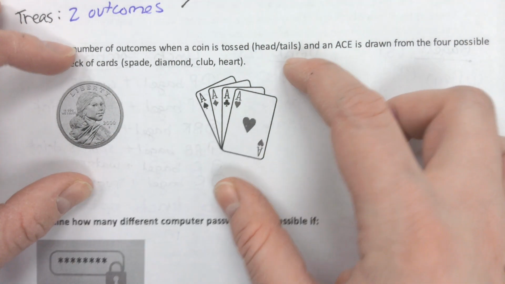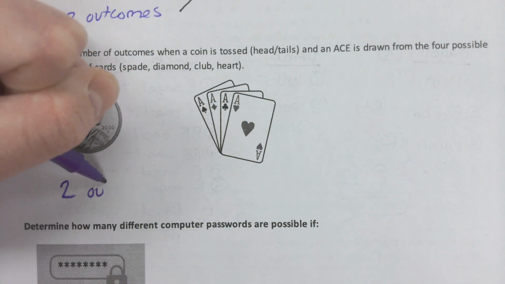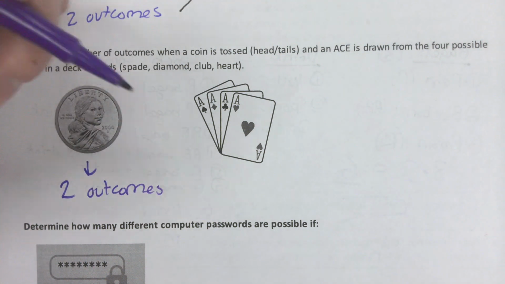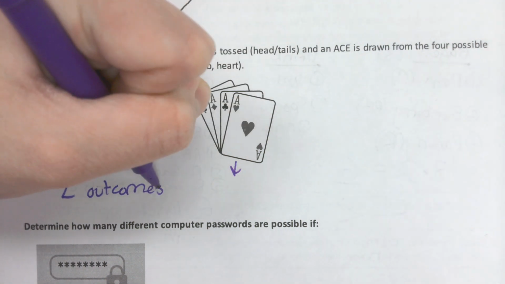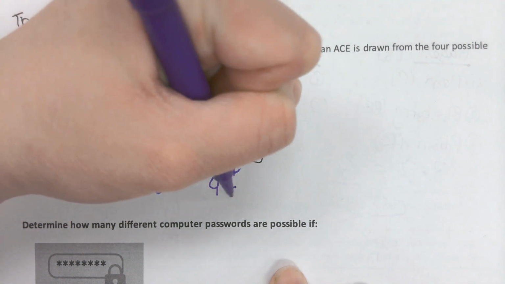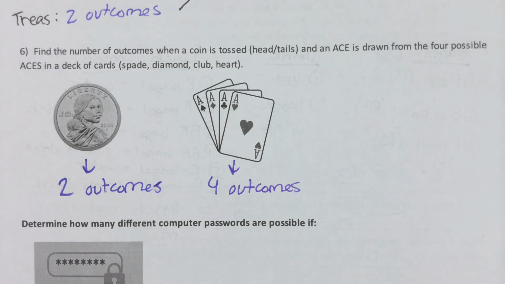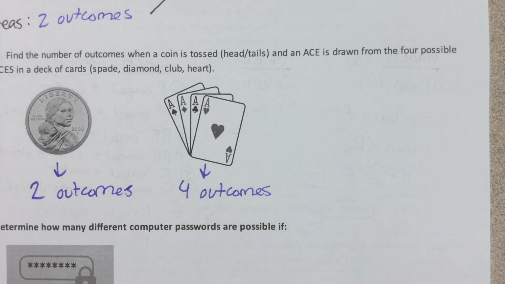So we're looking at essentially what we're testing. So we have a coin, which we discussed earlier, has 2 outcomes. And again, we're picking from just these 4 cards. So there's 4 outcomes. And we multiply. 2 times 4.